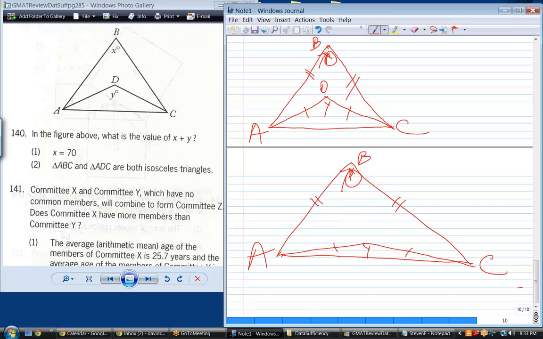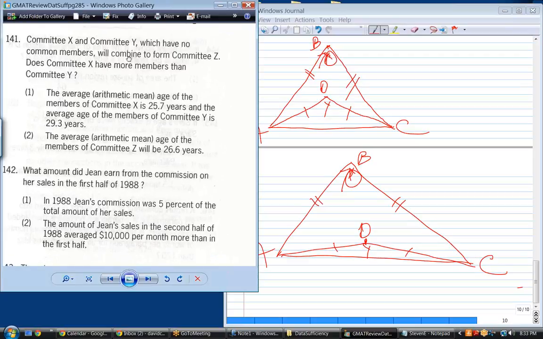Right, I did. Because it doesn't matter if I put a 70 in there for x. I still change y by being able to drop point D down a notch. Yeah. So this would be E. Okay?